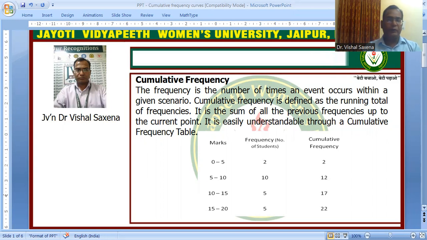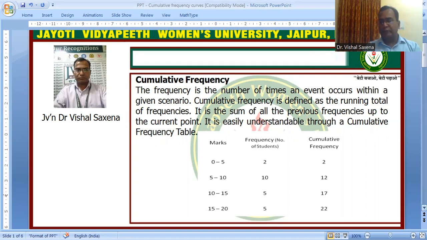So frequency is the number of times an event occurs within a given scenario, and cumulative frequency is defined as the running total of the frequencies. It is the sum of all the previous frequencies up to the current point.